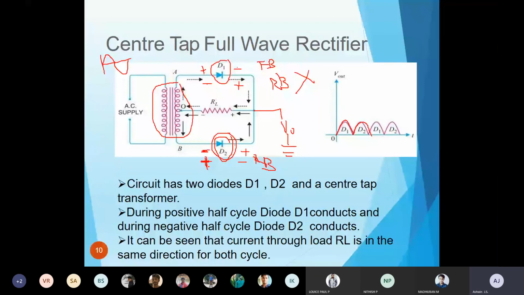It is just like a diode only. If I give a positive, D1 will conduct and I get the output voltage. If I give the negative voltage, D2 will conduct, so I get the voltage because of D2. So this is how the full wave rectifier works.